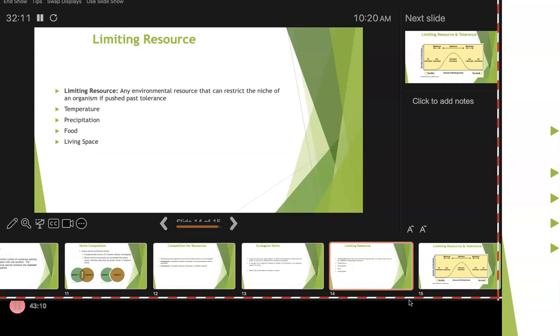So what could be one of those stressors? All right, that's what this limiting resource is. What could make a particular environment unlivable for you? It's a lot of stuff. We just picked a handful. Temperature, precipitation, food, actual living space.